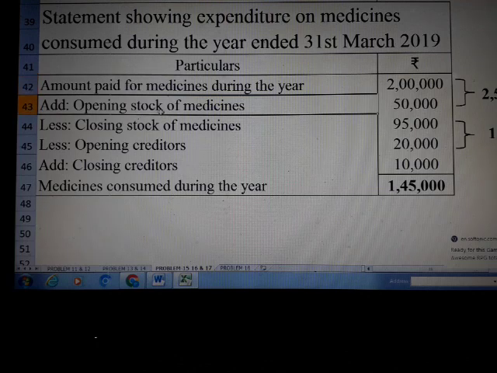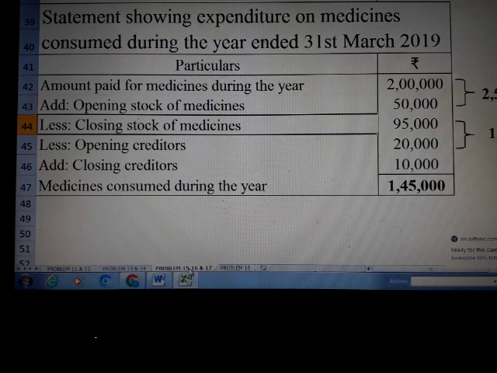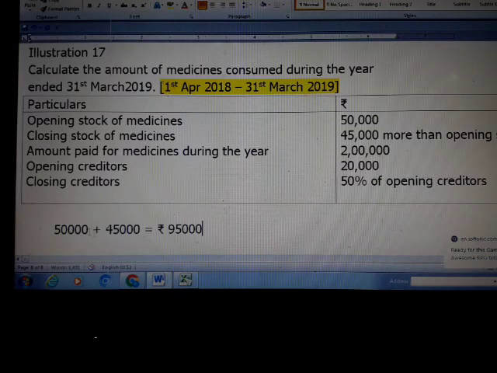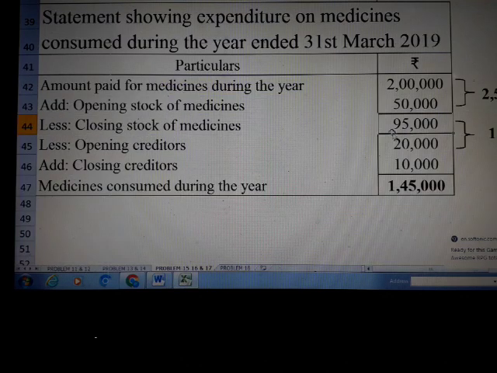So what is the stock of medicine? Opening stock of medicine is 50,000. Then closing stock. The question shows very clearly that closing stock of medicine is 45,000 more than opening stock. That means if you add 45,000 to 50,000, you'll get 95,000. So that amount of 95,000 comes here.